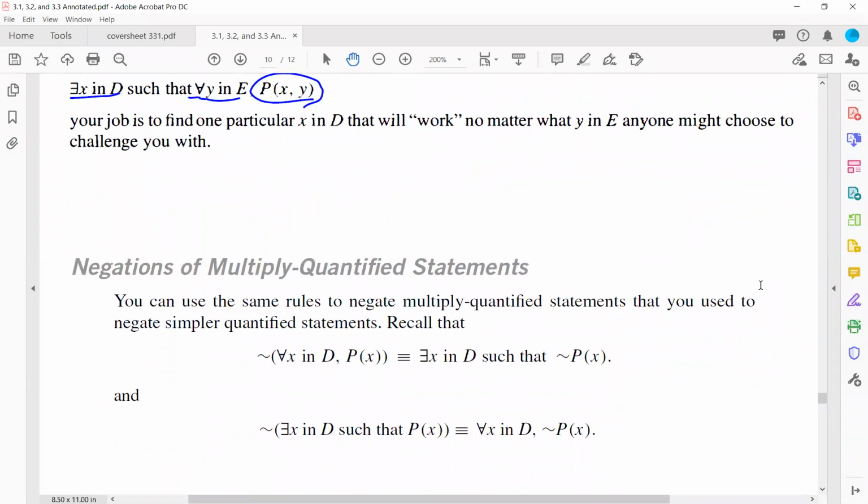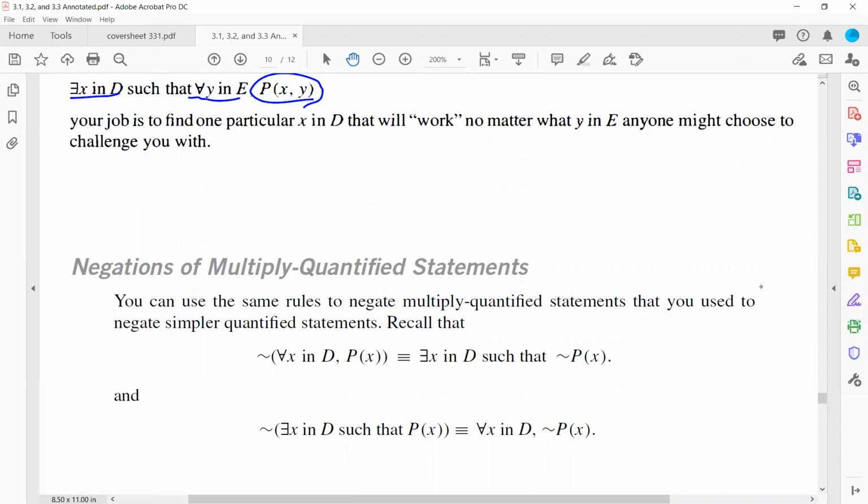Very well, I expect you to ask, what if I have 2, 3, or more quantifiers in a statement? How do I negate that? So you know that the negation of a universal statement, like for any x in D, P of x, is there exists.